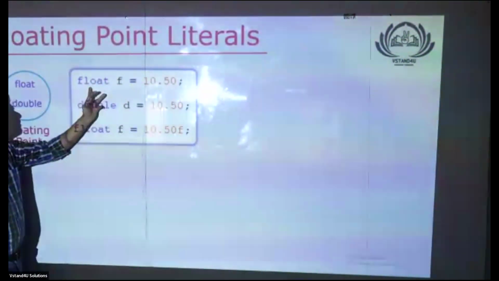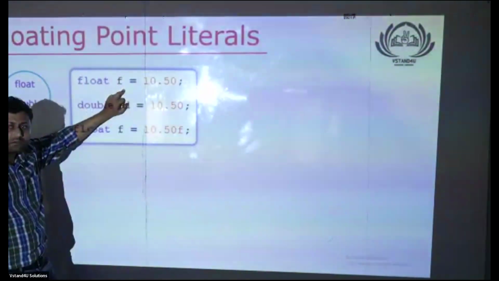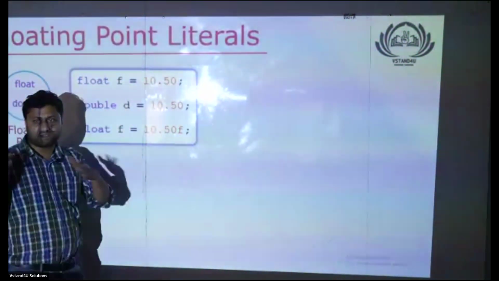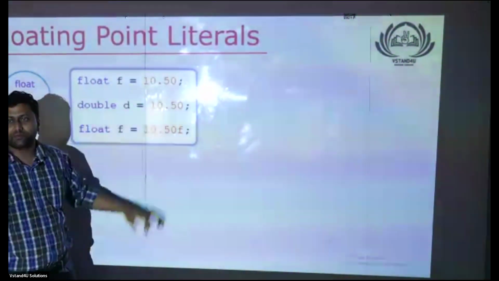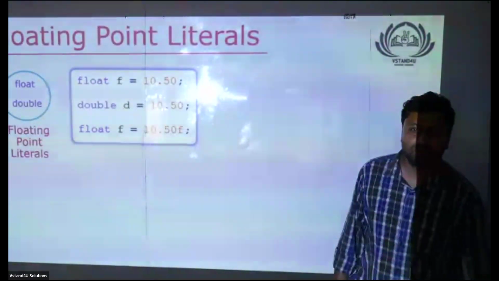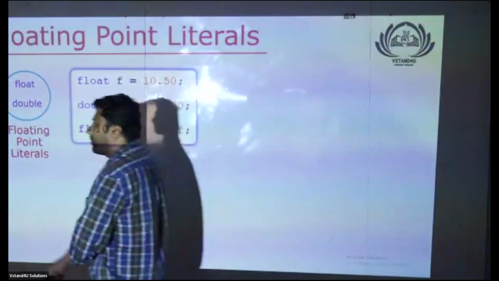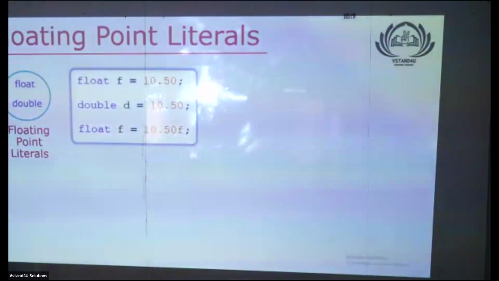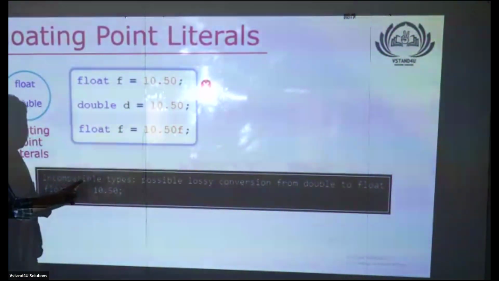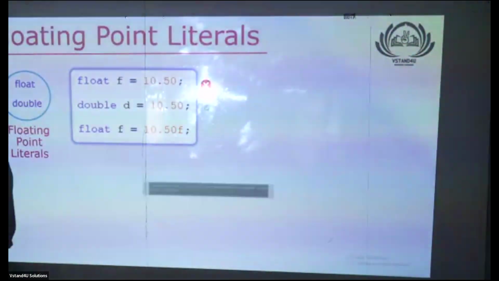Where are you trying to store it? Float. The size of float is 4, the container size, while the data size is 8. Will it be allowed? Error: incompatible types, possible lossy conversion from double to float. Agree? Clear? Moving forward. Next scenario.